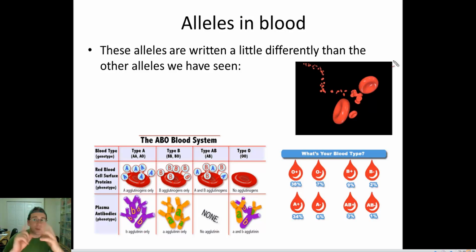Now, that means that you can have a surface protein of type A, a surface protein of type B, and the lack of surface proteins, or a mutation that makes you not have surface proteins at all. So the idea is that the original type was the A surface protein. But then a mutation happened, and that got changed into a variant that's called the B blood type protein.